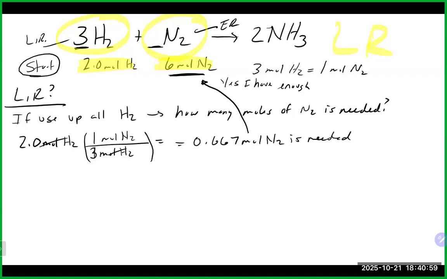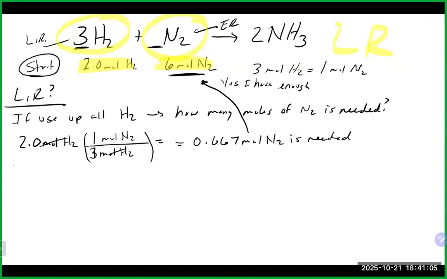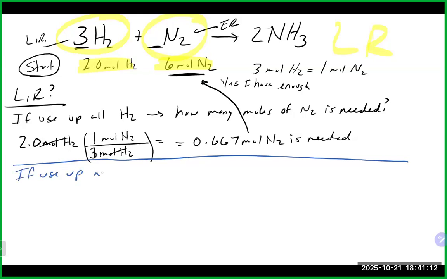Now, does it matter which one you choose? It doesn't. You do not need to do both of these calculations, but if you chose the other one, let's say you want to know if I want to use up all my N2, how much H2 is needed. You could do the calculation for either reactant.